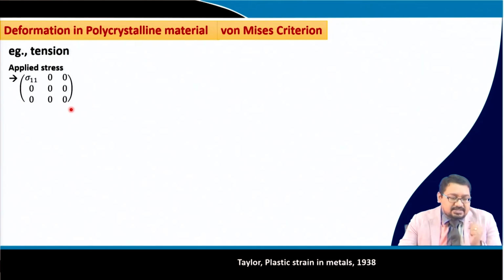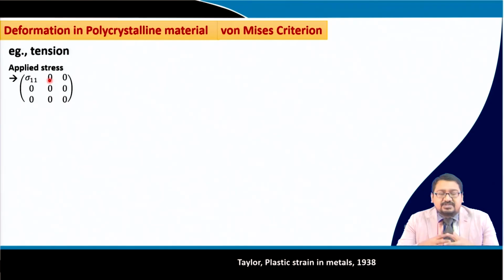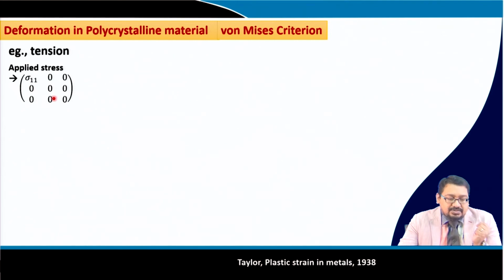The applied stress is equal to sigma 1 and the other components of the Cauchy stress tensor are 0, right. So, sigma 1 0 0, 0 0 0, 0 0 0. This is the Cauchy stress tensor for the tensile stress along 1 1, which is basically the z direction, as I said earlier.